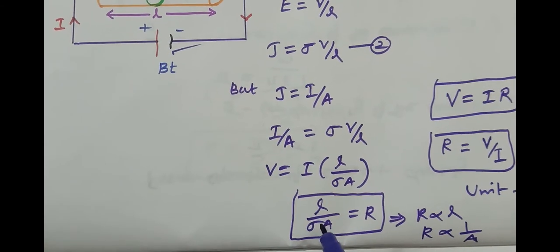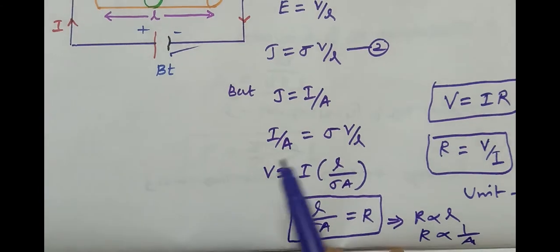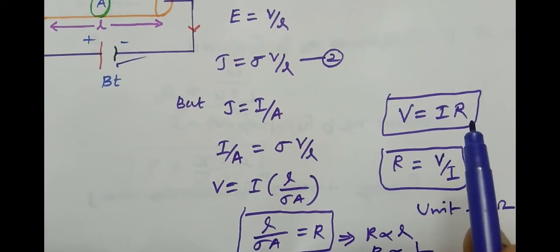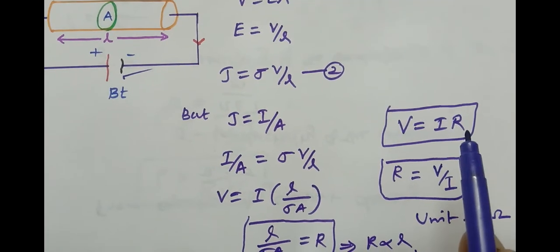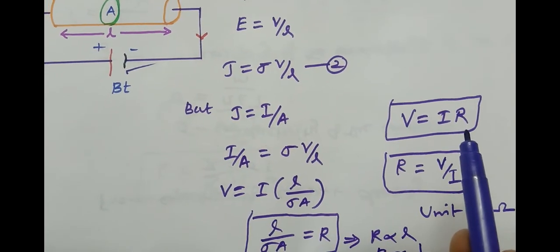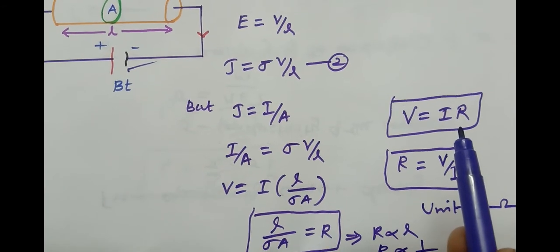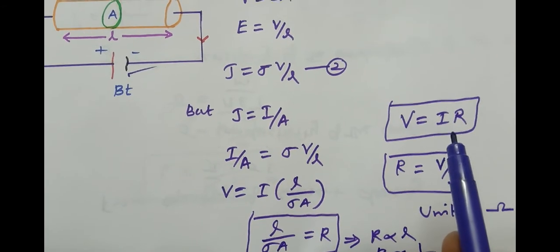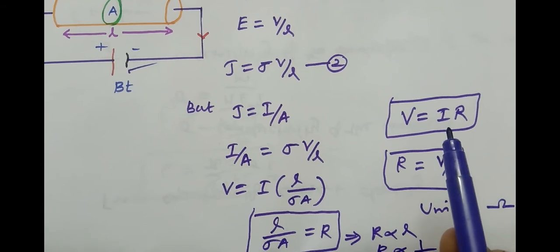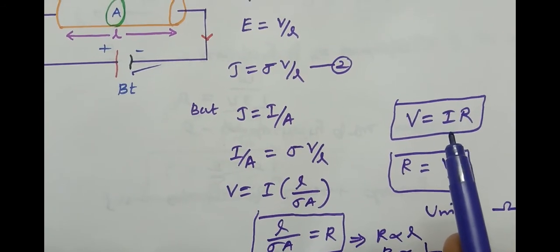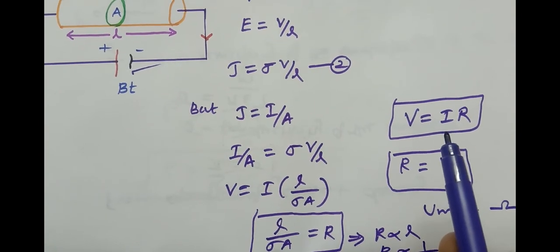Now substitute this value in this relation. Therefore V = IR. V = IR is nothing but Ohm's law, which you already studied in lower classes. Ohm's law states that at constant temperature, the current flowing through a conductor is proportional to the potential difference across the conductor.